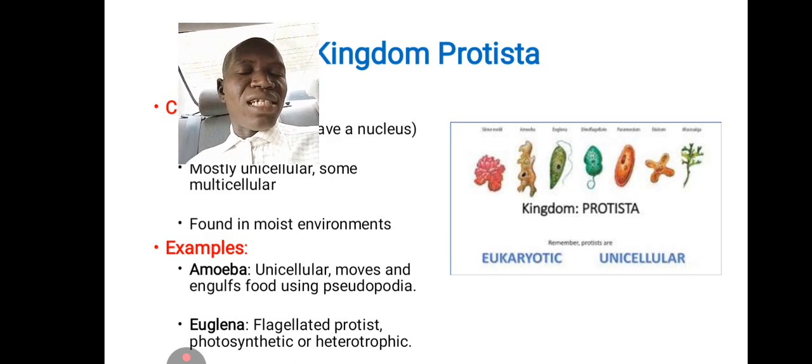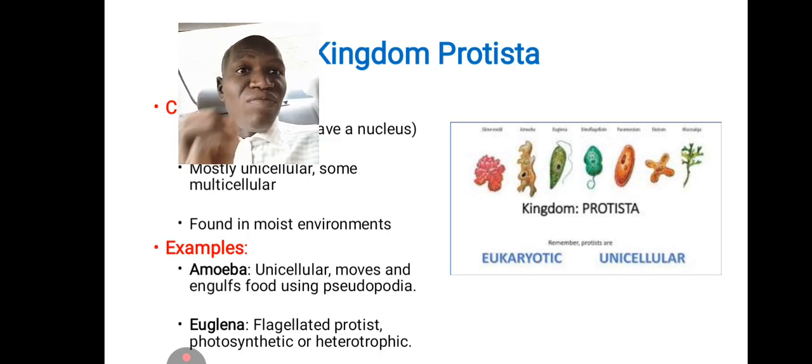Don't forget Protista. We dealt with Monera, which has to do with bacteria and algae. Here we are talking about Protista, which are unicellular and sometimes multicellular organisms. They have a well-defined nucleus.